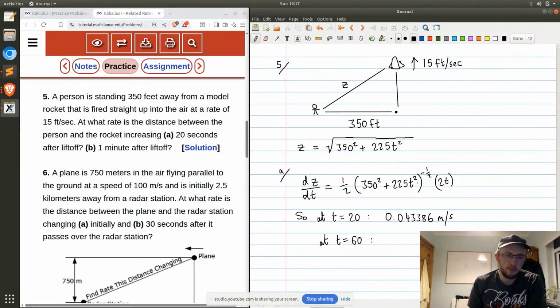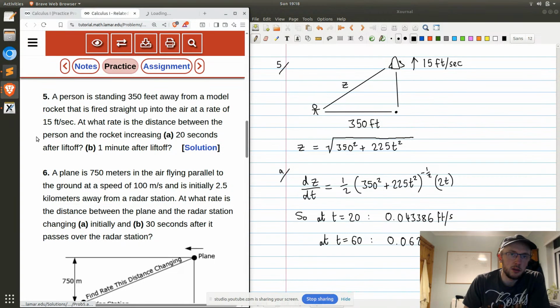I'm still getting very, very small numbers, and these are in feet, by the way. So that's an error, unless I've entered them on my calculator wrong.